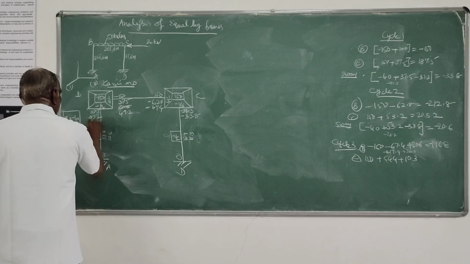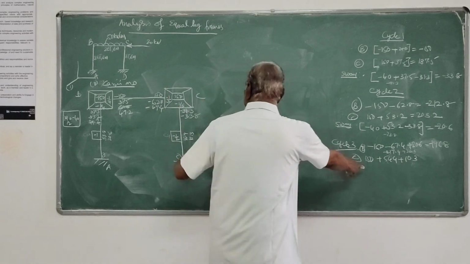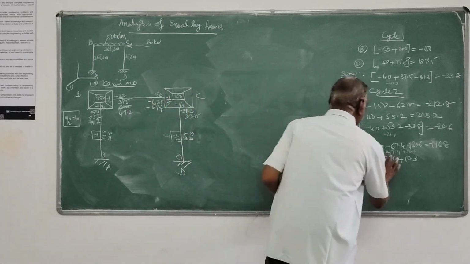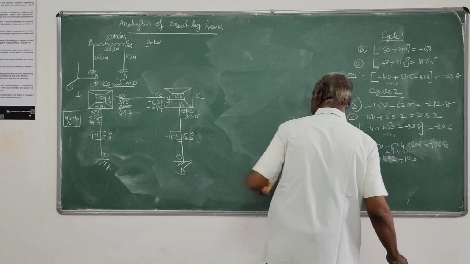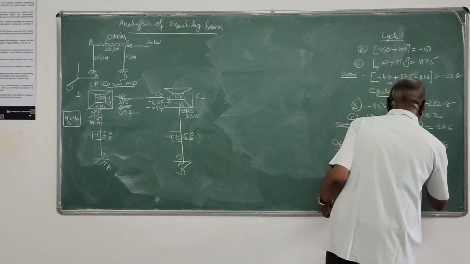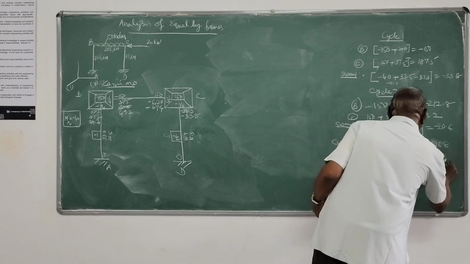Here also 49.2. Next, here it is 150 plus 49.2 that you have to take. That is the rotation contribution. Then the sway contribution 10.3, that is equal to 209.5.